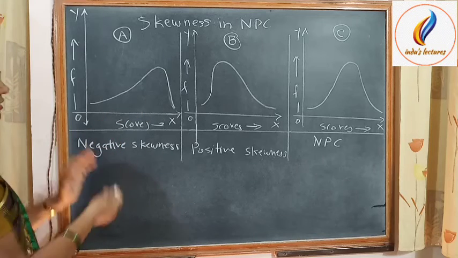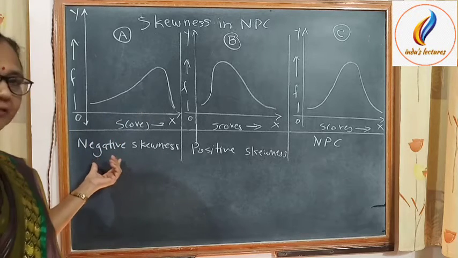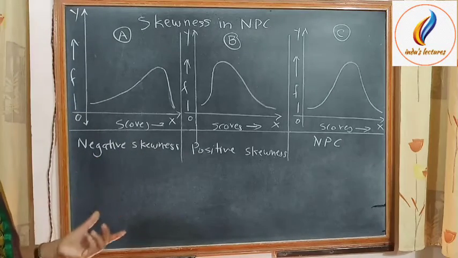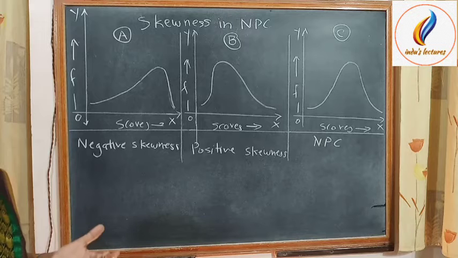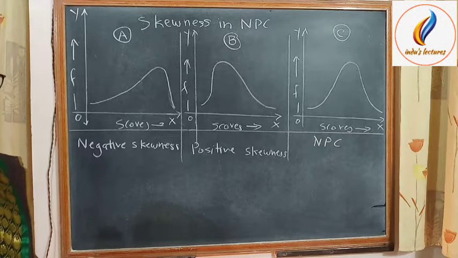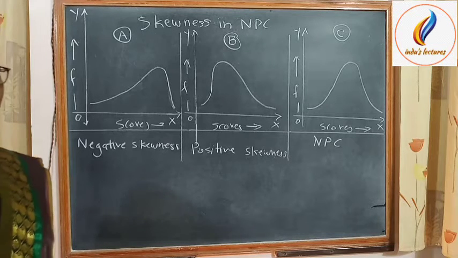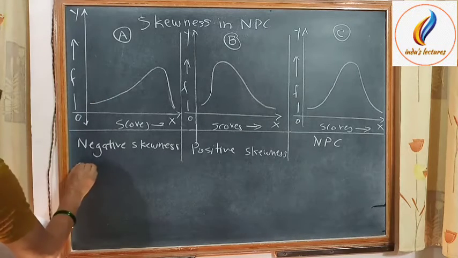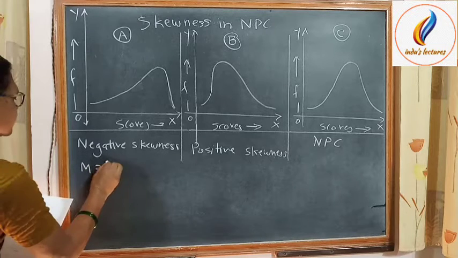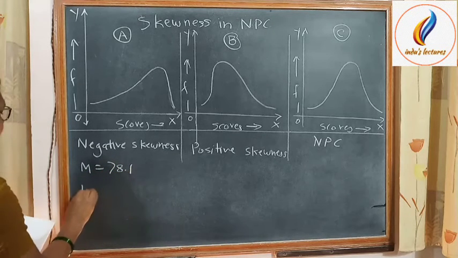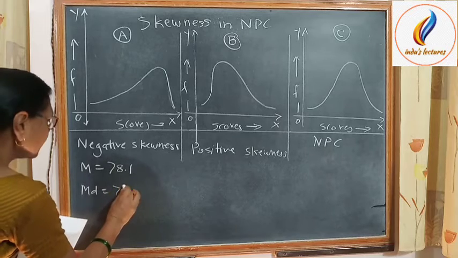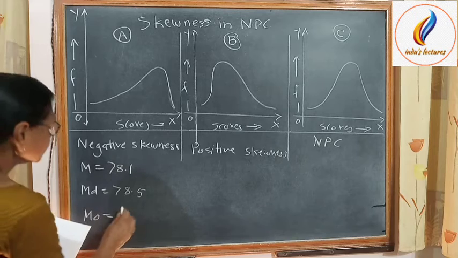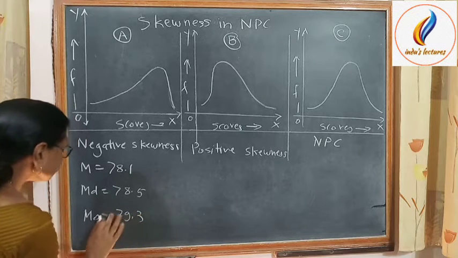In such a type of distribution, positive or negative skewed curve, the measures of central tendency are not the same. That means mean, median and mode are not the same. Now if we consider distribution A, then mean is equal to 78.1, median is equal to 78.5, and mode is equal to 79.3.